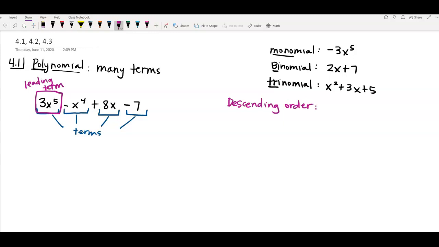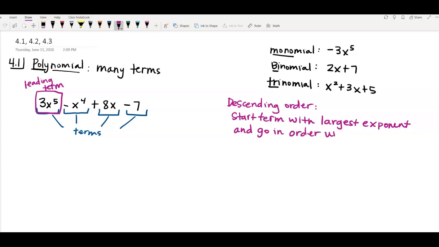When I ask you to put something in descending order, you're going to start with the term with the largest exponent, and go in order until the smallest exponent.